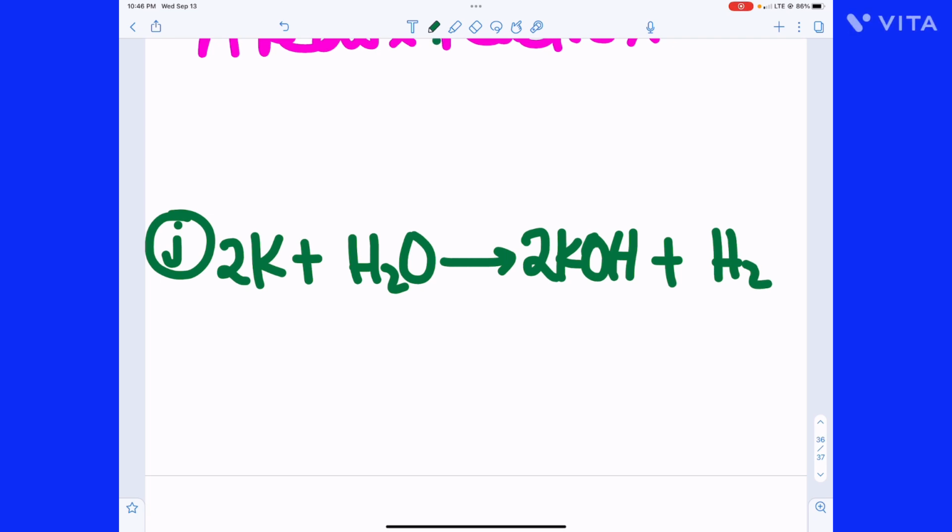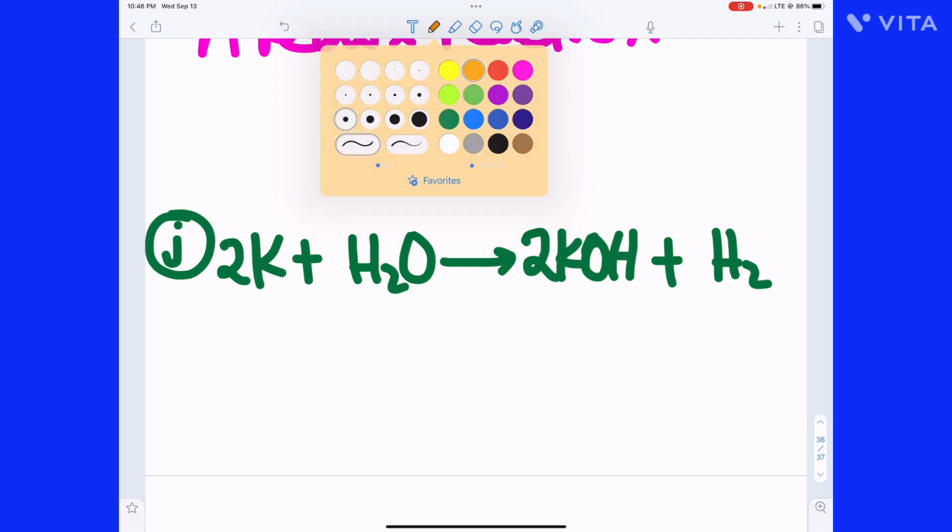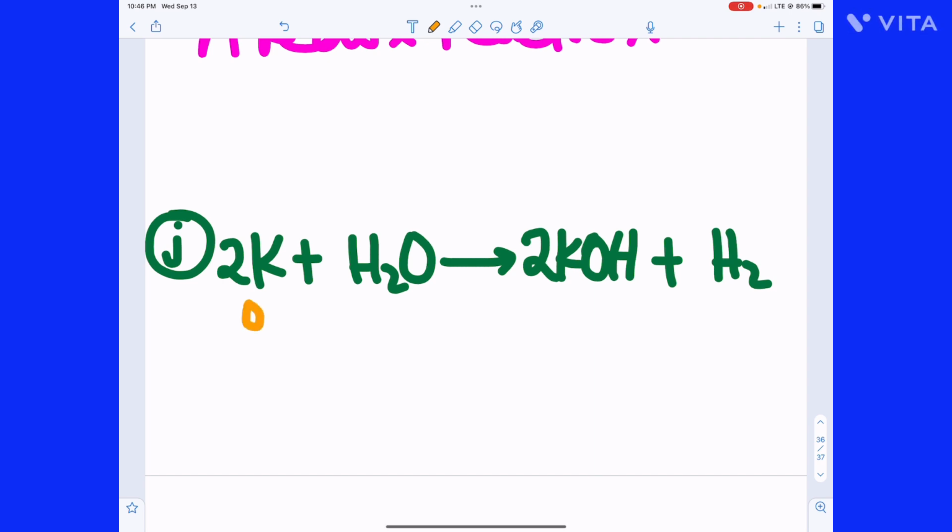So let's put our necessary numbers. This is 0. This is +1 hydrogen. Hydrogen is +1 in all compounds, except in metallic hydrides where it's -1. Oxygen is -2. Potassium +1. Oxygen -2. Hydrogen +1. Hydrogen 0.